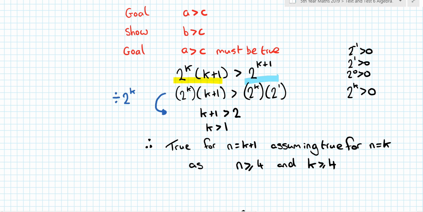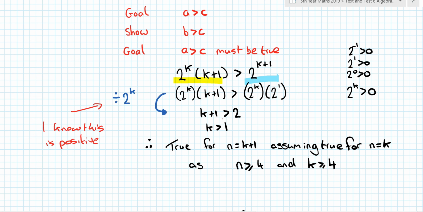And they are all positive numbers. 2 to the power of anything is going to be positive. So I'm allowed to divide by 2 to the k because I know this is positive. Whereas if it were negative, I would have to flip the direction of the inequality sign.